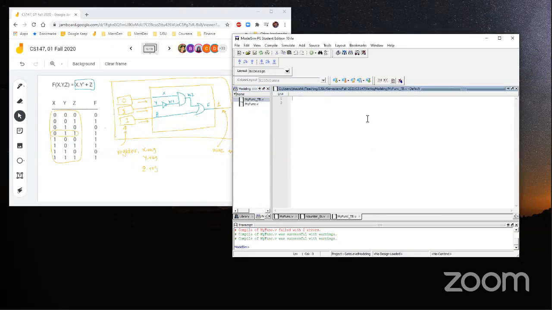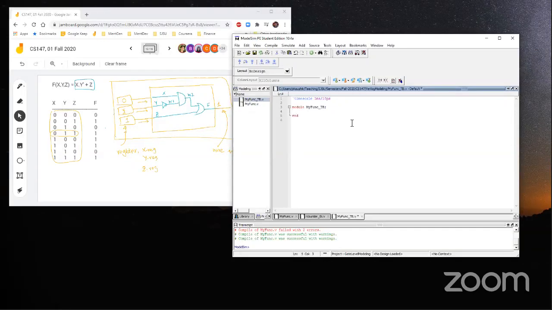And here, what we do, we basically define the time scale module. You can give any name, but I'm picking up myfunc tb, and there is no IO port there.